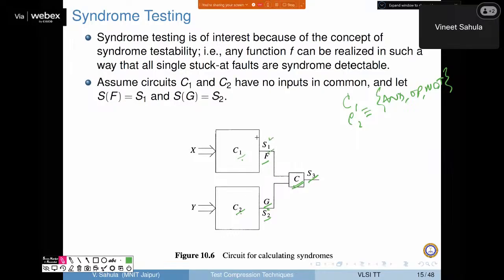If S1 is a syndrome where we can say K1 ones are there, what do you mean by that? The input is n bit, total number of minterms will be 2 to the power n. There are K1 ones in function f.